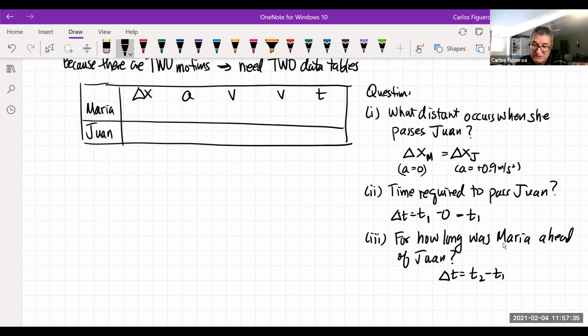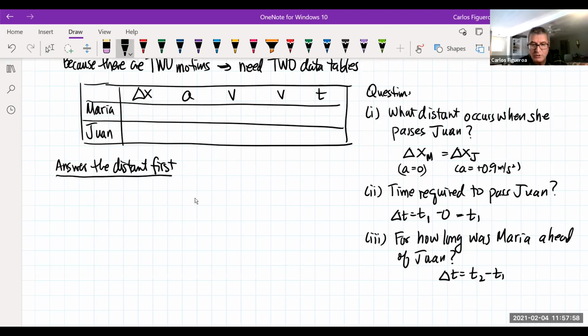So the first question that I'm going to ask then is the distance. Okay, so let's go look at the distance here. So the first thing that we're doing is that we're going to answer the distance first. So when I'm looking at my table, what do I know?